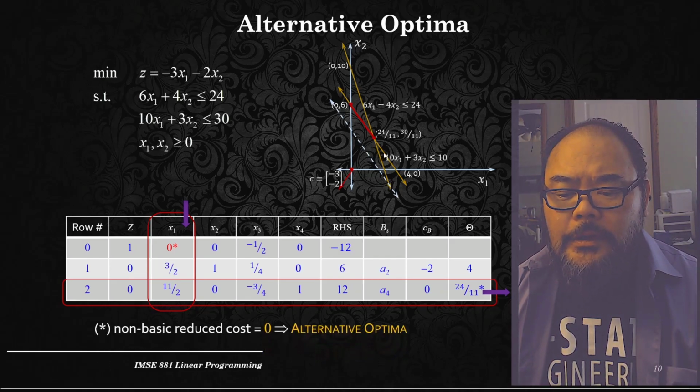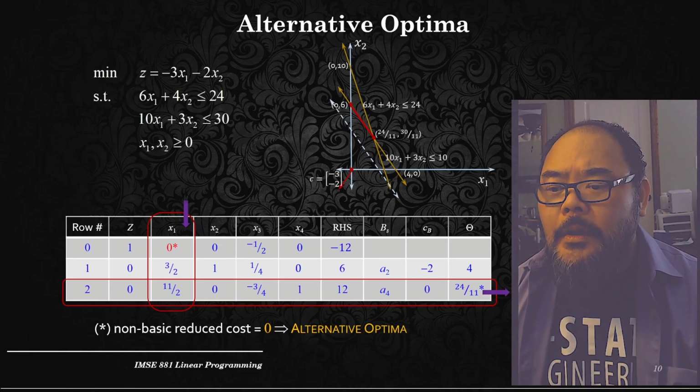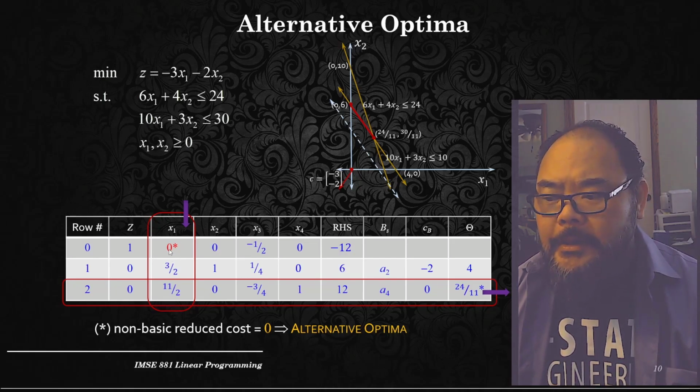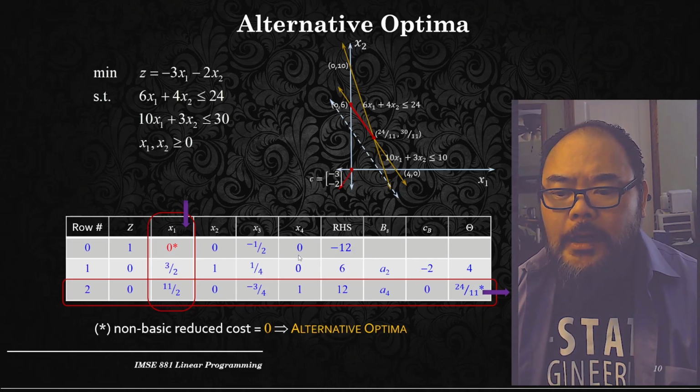The reduced cost equals 0, and the current tableau is already optimal except for the 0 zj minus cj element, so we know this is our alternative optimal solution.